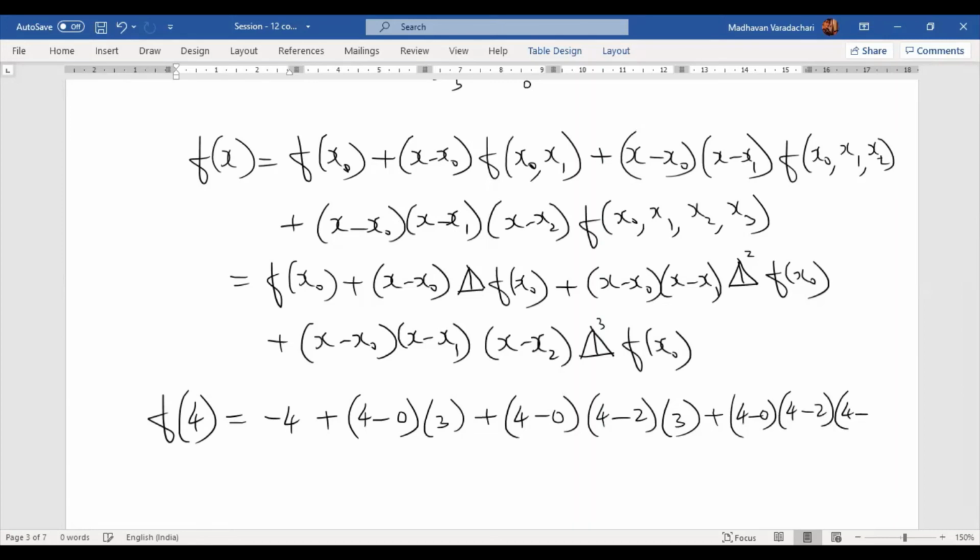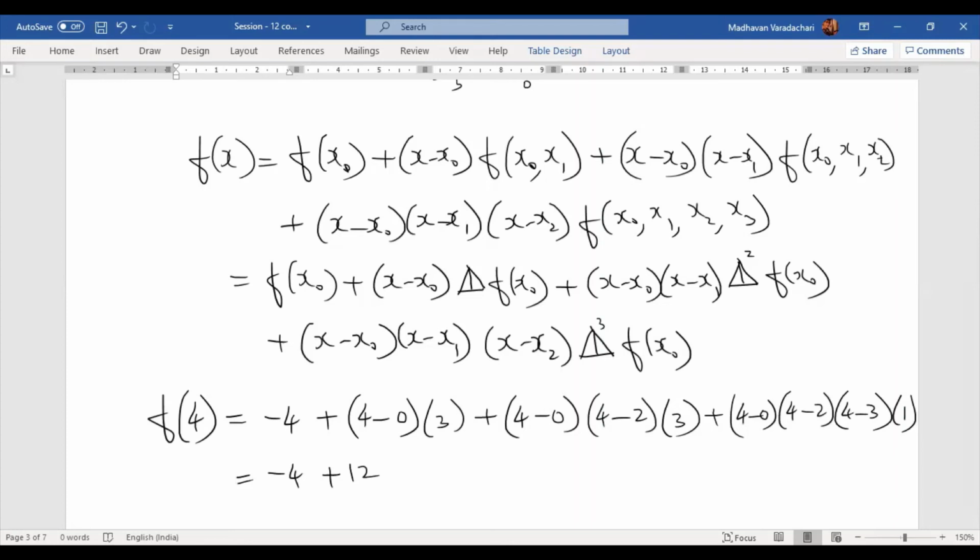What is x2? The third value of x is 3, multiplied by the third order difference, that we know is 1. We can now substitute plus 4 into 3, 12.